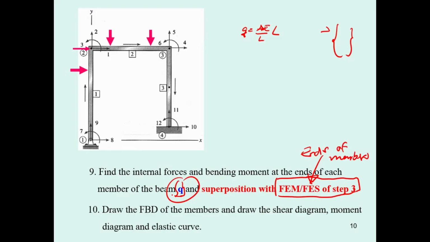The result of that is going to be used to draw the free body diagram of the member of the beam and the frame. Now, on step number 10, you're going to use the same knowledge and skill. Draw the shear force diagram, draw the bending moment diagram, draw the elastic curve.